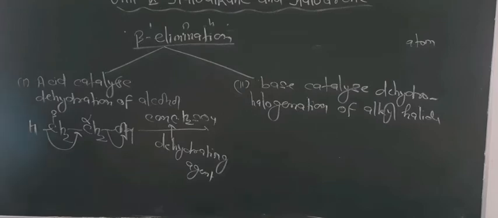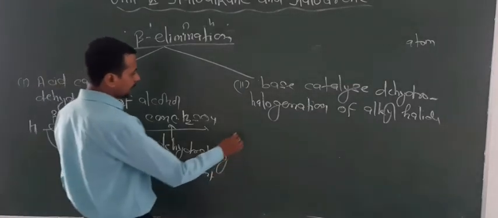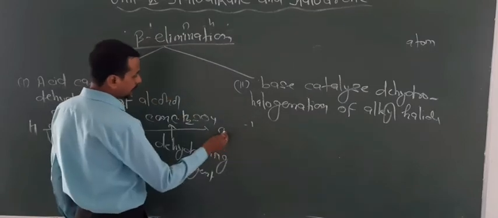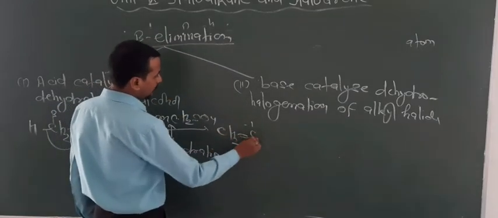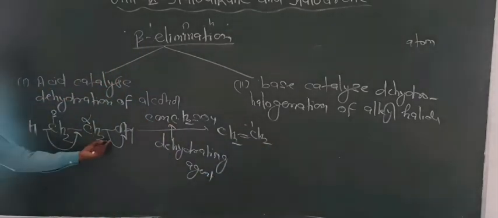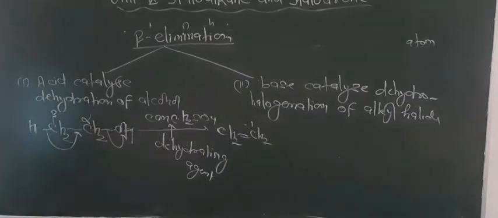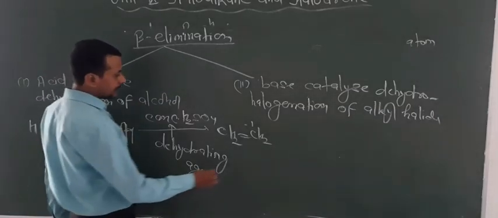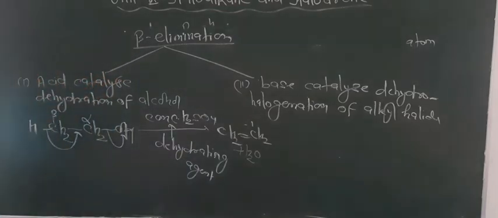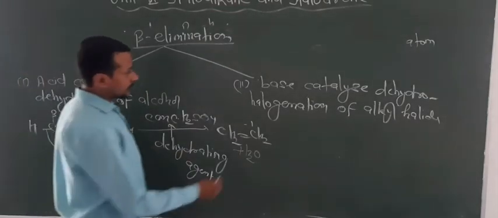Due to this the formation of double bond takes place. So now this will form CH2 double bond CH2. That is the loss of two single bonds and formation of one pi bond in case of dehydration of alcohol, which is catalyzed by acid, and this will also give water.